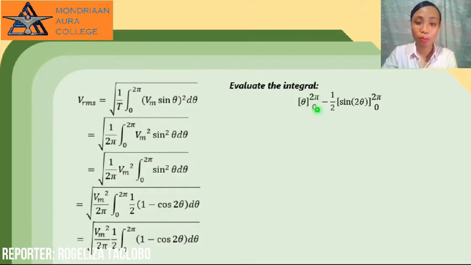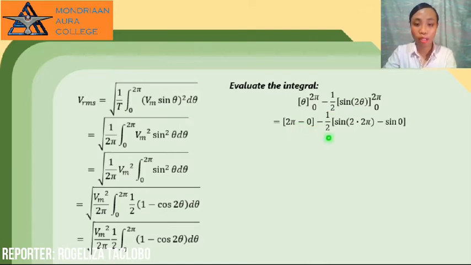Next ay evaluate natin from 0 to 2 pi. So, theta from 0 to 2 pi minus 1/2 sine 2 theta from 0 to 2 pi. So, 2 pi minus 0 minus 1/2 sine 2 times 2 pi minus sine 0.